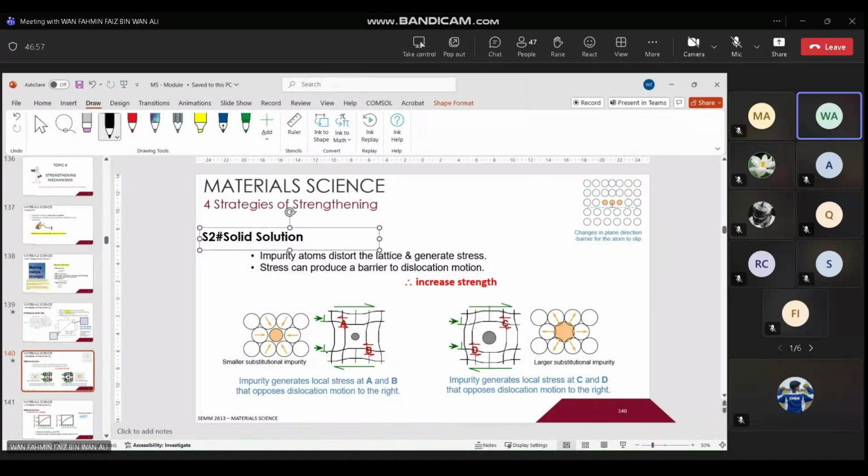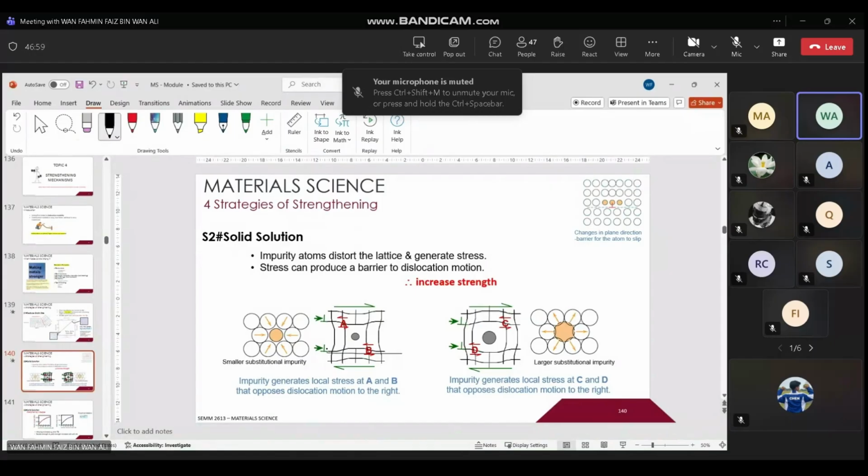Kalau you dapat pure material, it used to be straight. It's much easier for the atoms to slip. Somehow your planes now are a bit distorted, right? So this technically makes the atoms slightly more difficult to move.